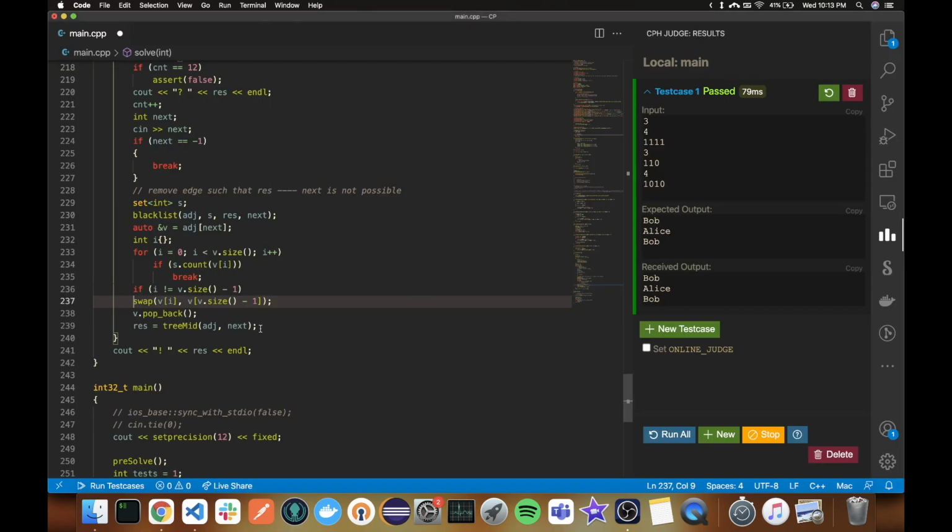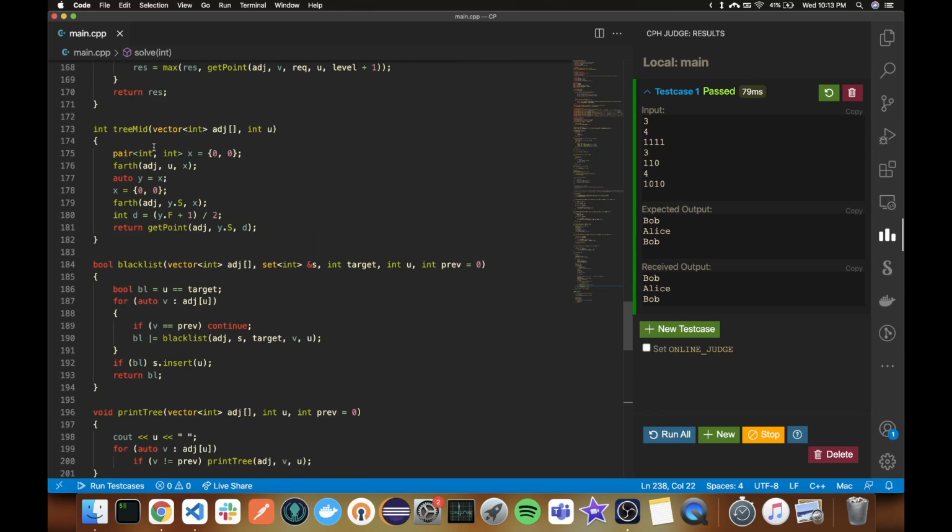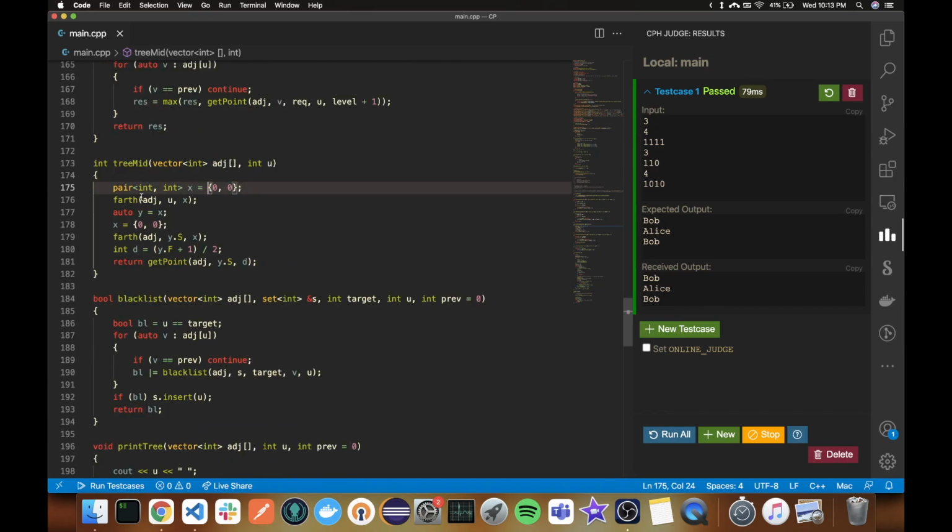What is this? Get the furthest node from you and use X as that. Now why is that?